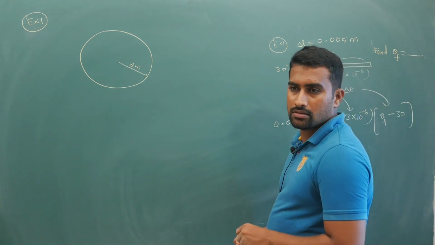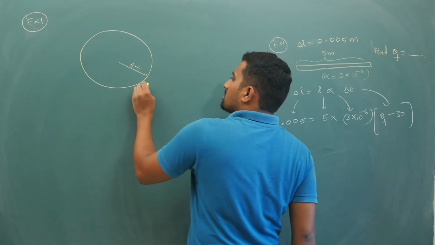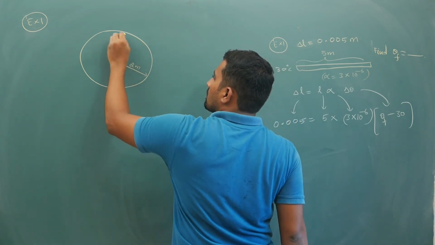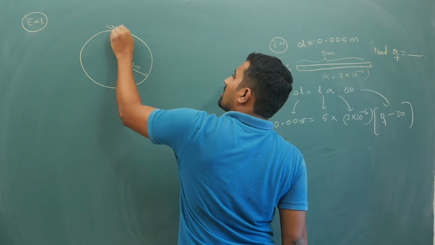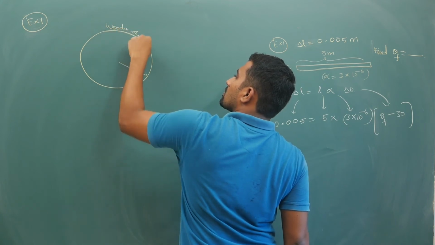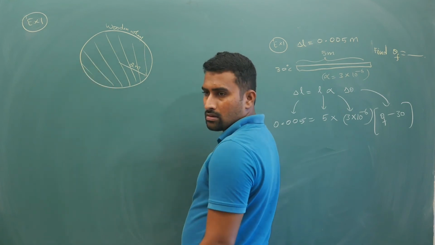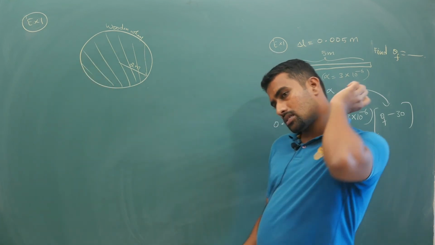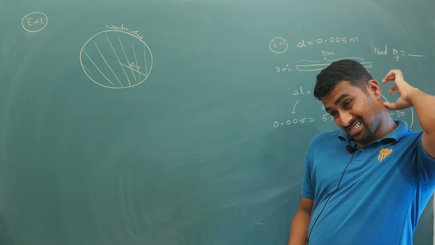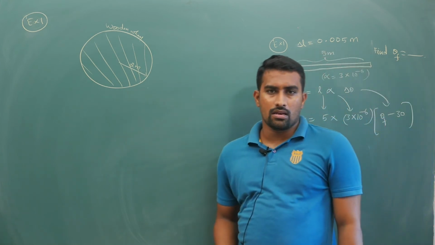Next example: there is a wooden wheel like this. What you are doing is fitting a ring onto this wooden wheel.